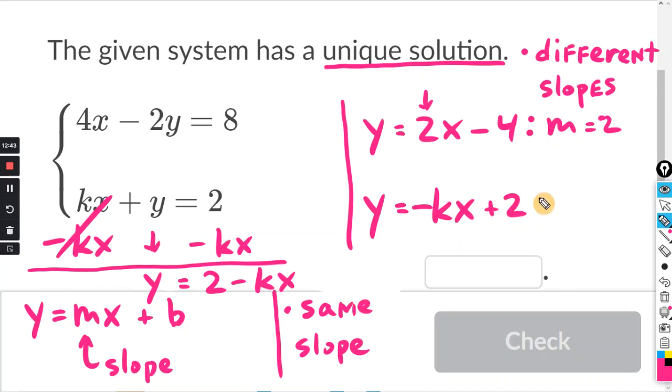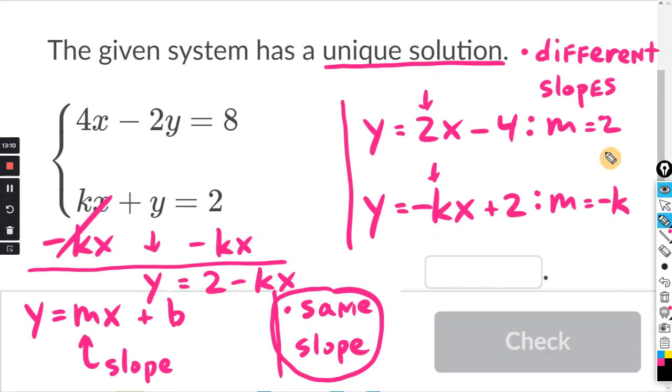And now you can see here, slope is the number that's multiplied by x, so the slope is just negative k. Now remember, for a unique solution, they have to have different slopes. If they had the same slope, then they would not have a unique solution, and that's what they're asking. So we want to make them have the same slope, and we're just going to make the slopes match. 2 equals negative k.